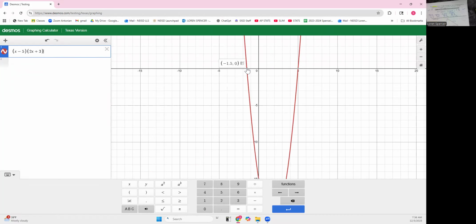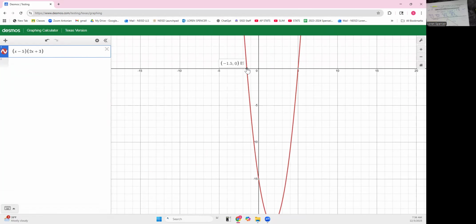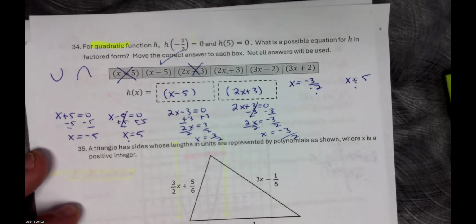And I get negative 1.5. Guess what? That's negative 3 halves. And I get 5, 0. So it gave me my answer. So I can check it to verify that I actually did it right. A little bit of work on that one, but it's one I think you can get.